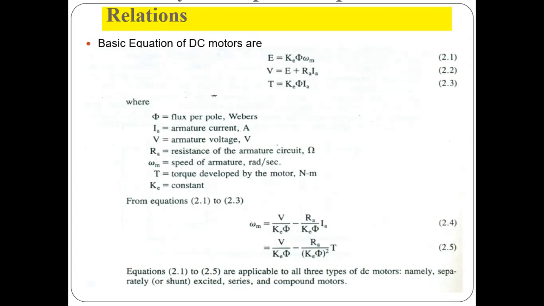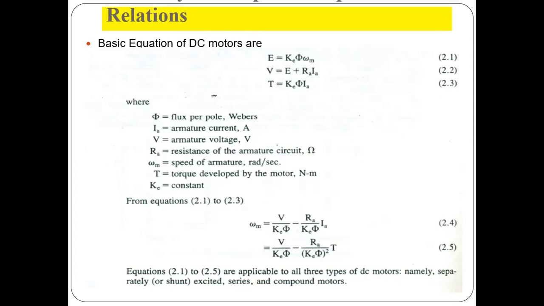Or we can rewrite this equation in the form omega_m is equal to V upon K phi minus R_A upon (K phi) whole square into T. So we can say that equations 2.1 to 2.5 are applicable to all types of DC motor.